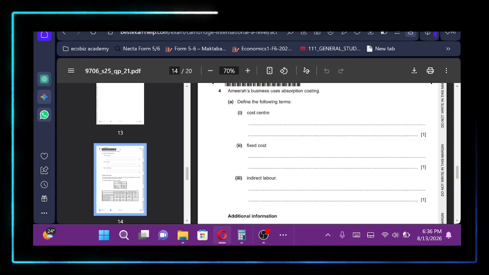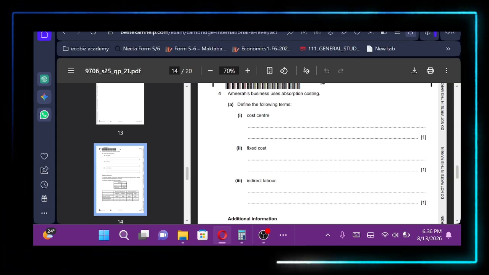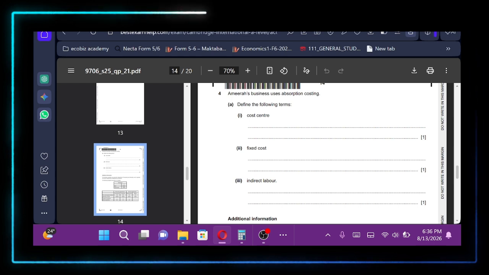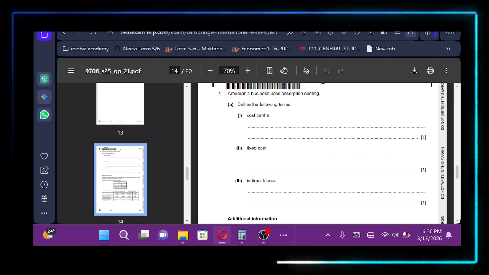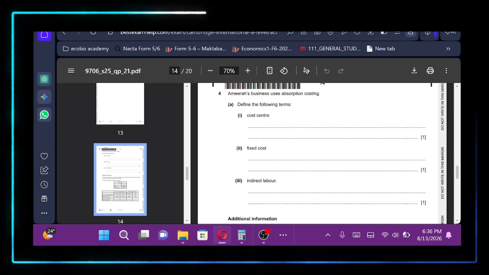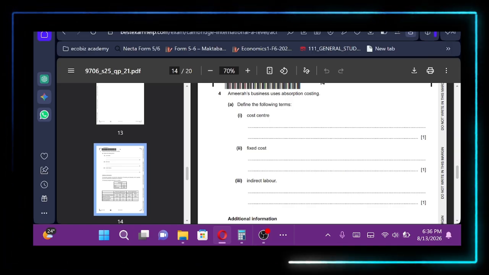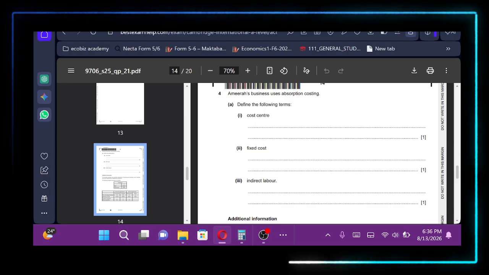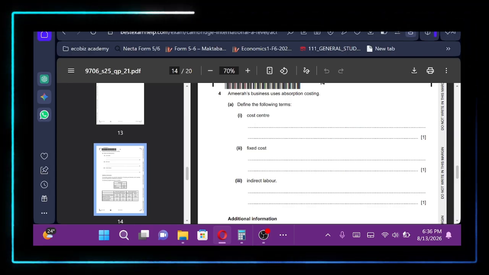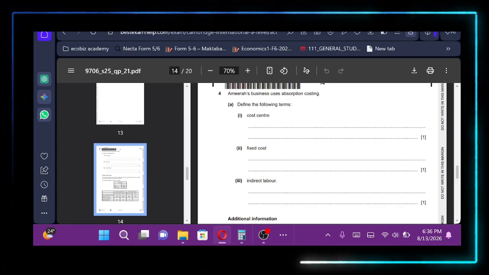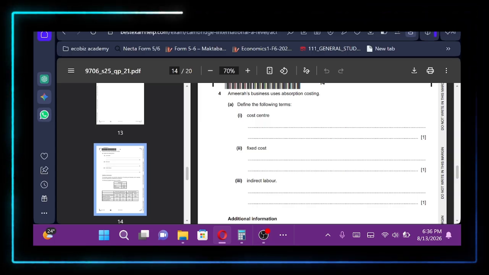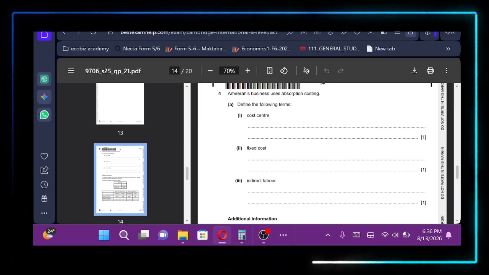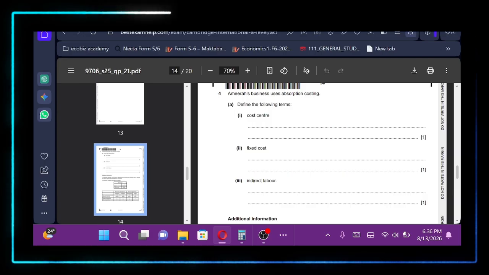The next part, Roman 2, says fixed cost. Now fixed costs are those costs that do not change when the output changes. For example, if we're producing maybe curtains or bricks, let's say. Now in our bricks company, we have to have equipment whereby we manufacture the bricks.